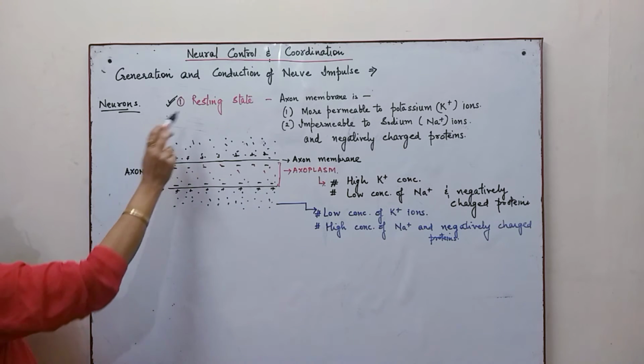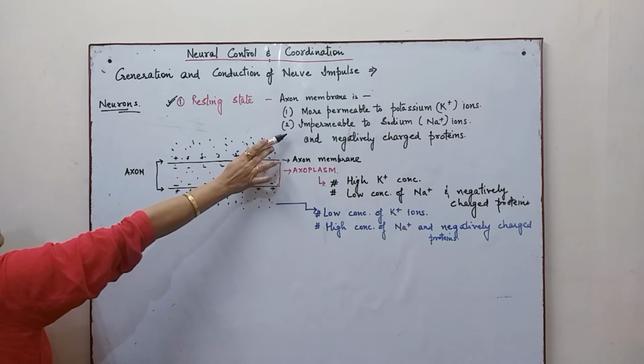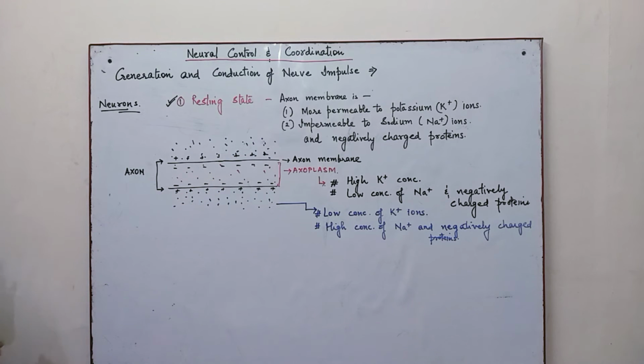Also, at the resting stage, the membrane is impermeable, that is, it does not allow the sodium ions and the negatively charged proteins to move out. So there is a development of the polarity.